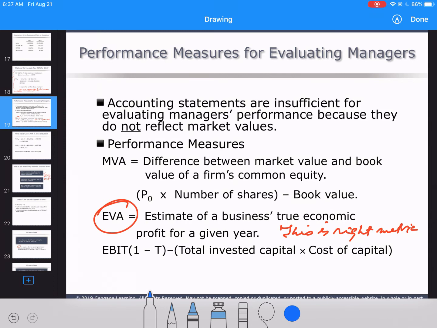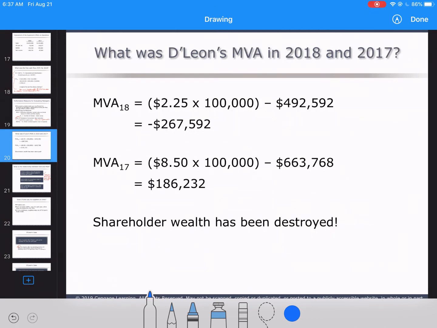So cost of capital is the requirement, and this is the total invested capital or supplied capital, and then you subtract it from NOPAT. If it is greater than 0, that means the CEO is doing well. I mean, they are generating more inflow than outflow.